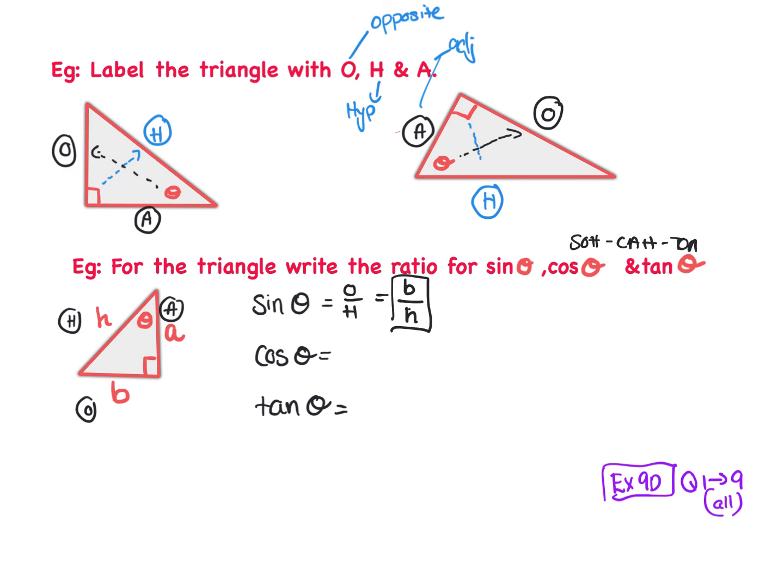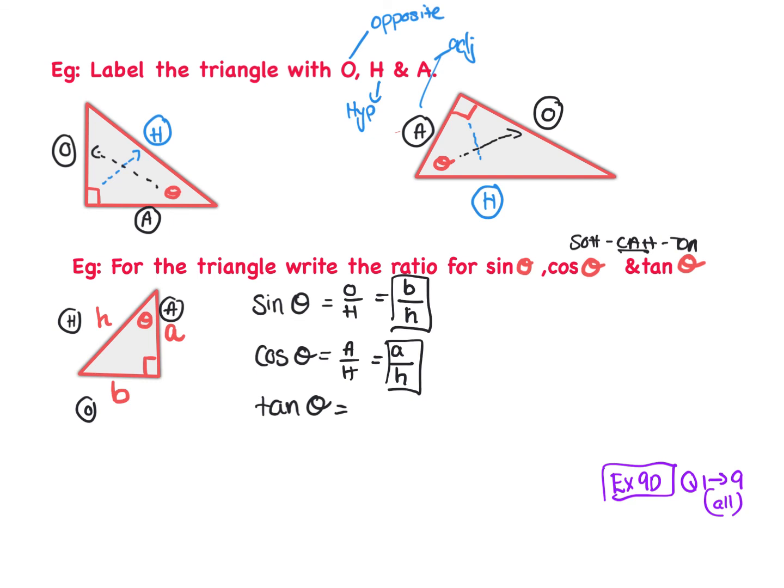Now, if we look at the cos ratio, CAH, it's adjacent over hypotenuse. What letter is in the adjacent spot for us? It's a little a, and a little h for the hypotenuse. They might not use letters like A and H. They might use any letters, or numbers, and you just pop them in the spot.